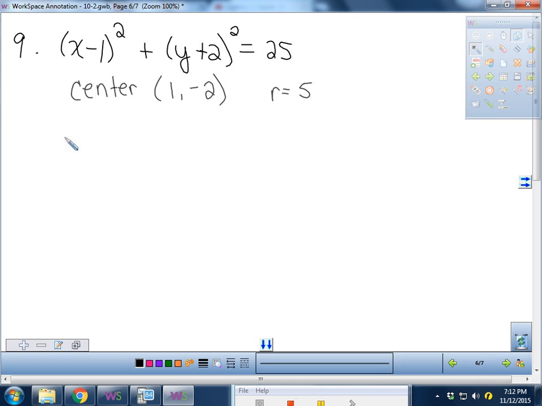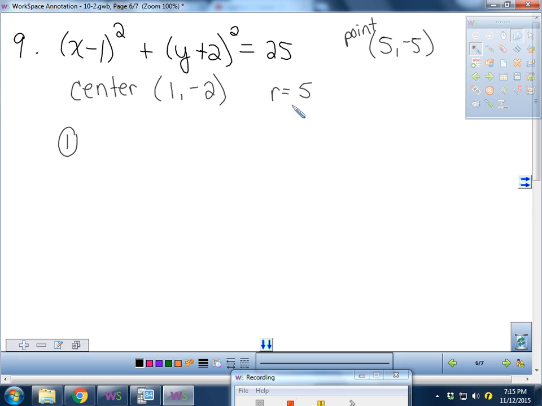So we're going to find the slope of the radius. Okay, I figured out what that was. 5, negative 5, this is the point on your circle that you're tangent at. Okay?